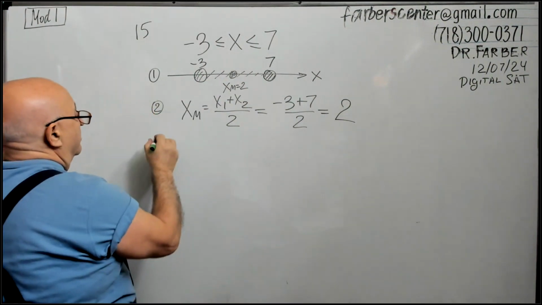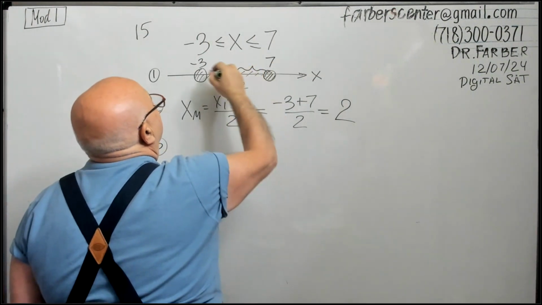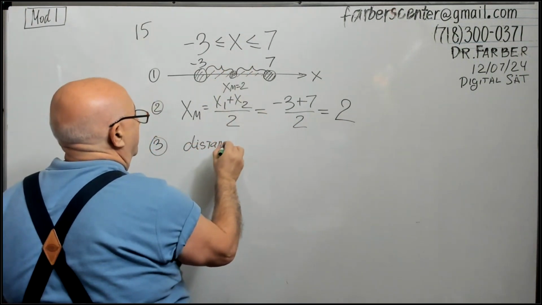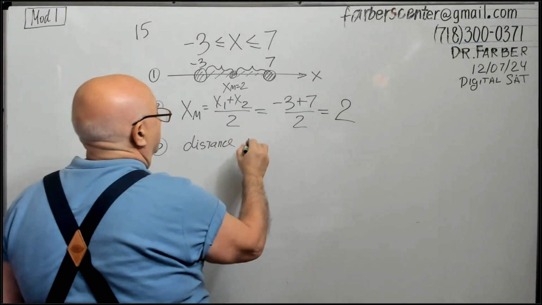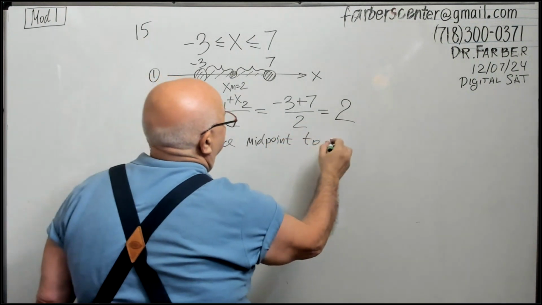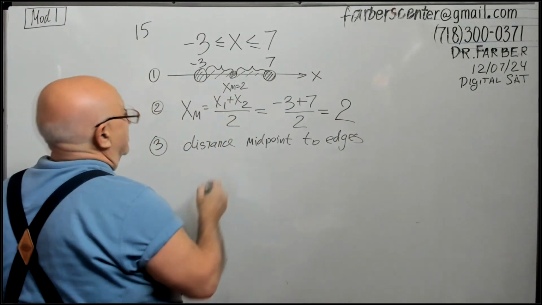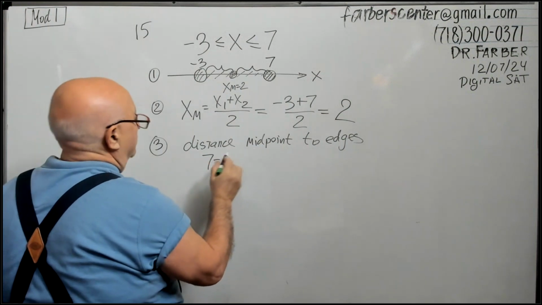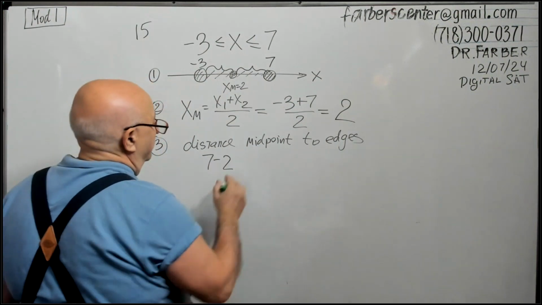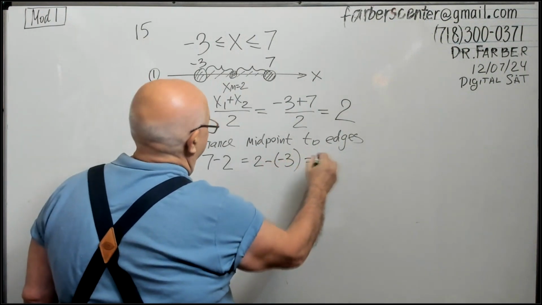Step number 3. Find these distances. This is the midpoint. This distance from the midpoint to the edges of this interval, I don't know if I use the right terminology, is 7 minus 2, or 2 minus negative 3, which equals 5.